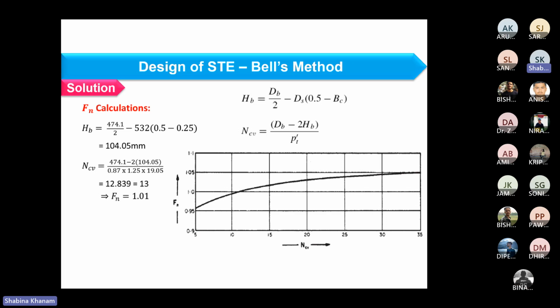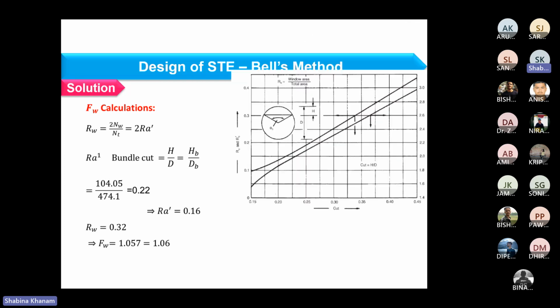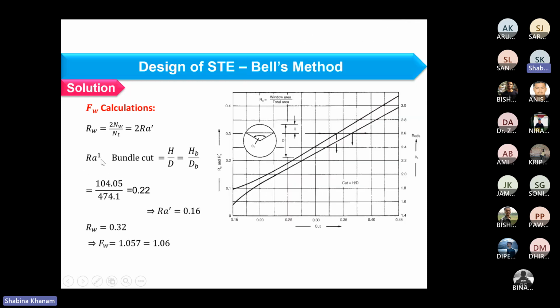Now we will proceed for the window correction factor, that is FW. For FW, you need to find RW, which is 2 into RA prime. All that we have discussed in the last class. And RA prime, if you see, this is not RA1, this is RA prime, and this is the graph for this RA prime.